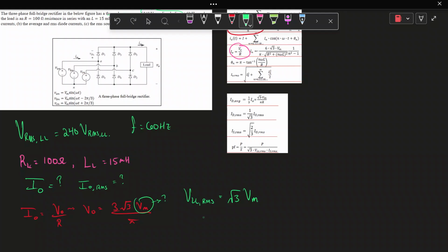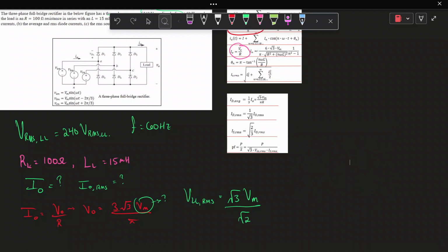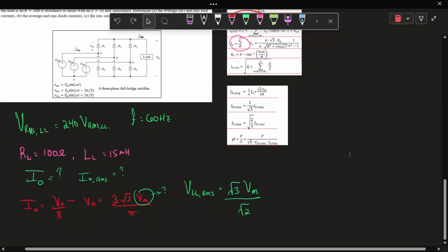It also has a second component, the RMS part. Remember, V_RMS is equal to V_m over square root of 2, so we have to take in the square root of 2. This is something you just have to know. You can write this in your crib sheet for sure. I would recommend it, because sometimes they might give this kind of value. Also, it doesn't matter which way you put the subscripts; it means the same thing.